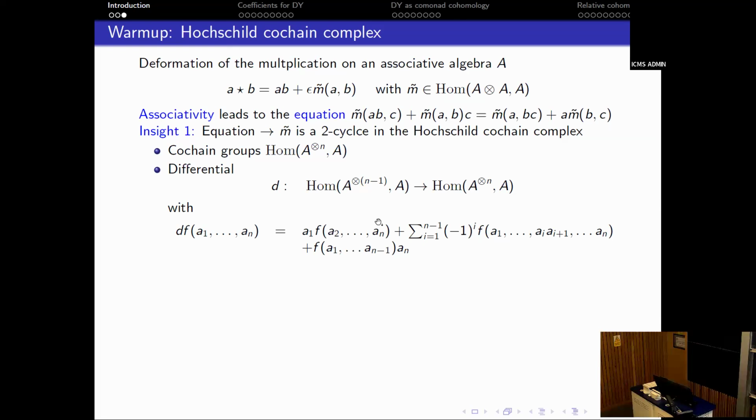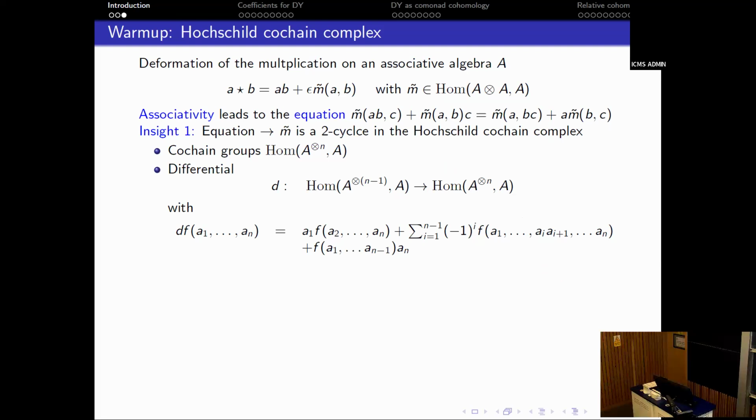By working over the dual numbers, we effectively linearize this equation, and it is profitable to see this equation as the equation for a two-cocycle in a cochain complex, the Hochschild cochain complex. And probably everybody has seen this. Let me just emphasize for later comparison that here we have multiplications and the differential squares to zero because of associativity.